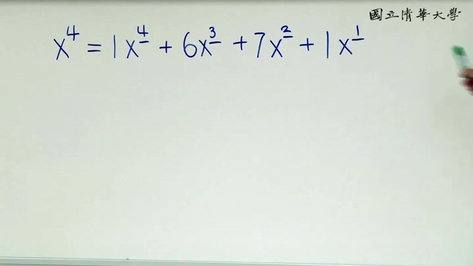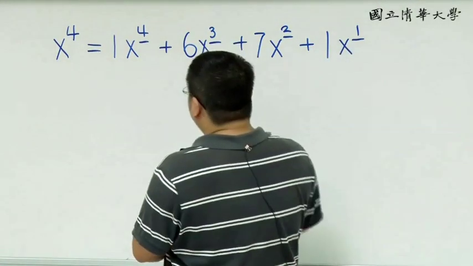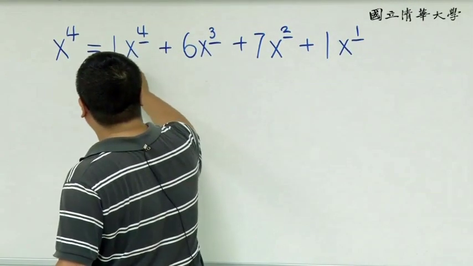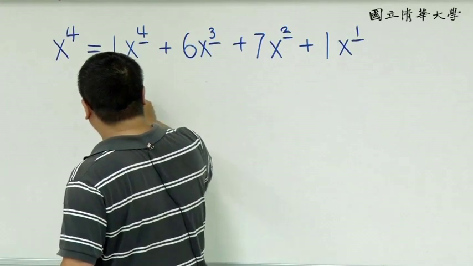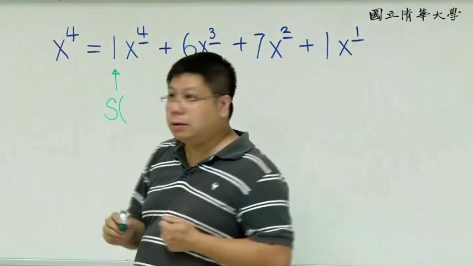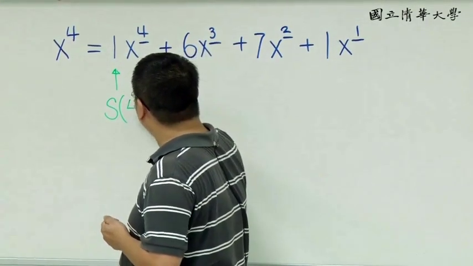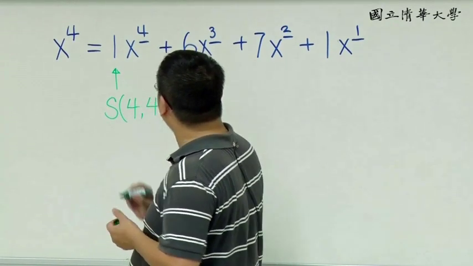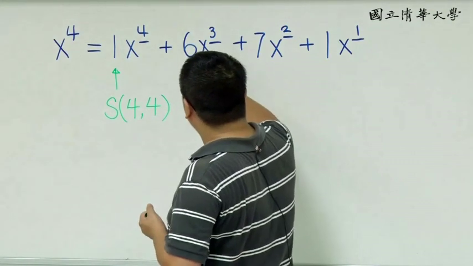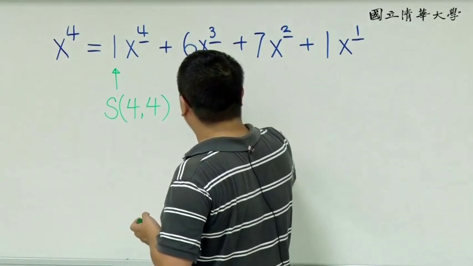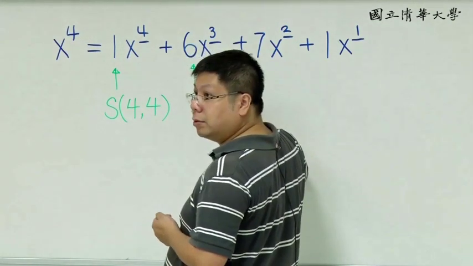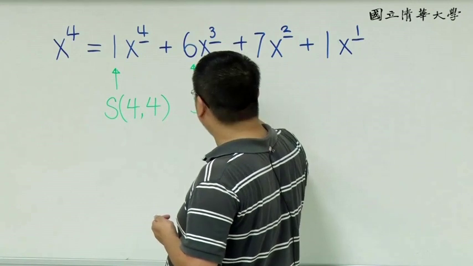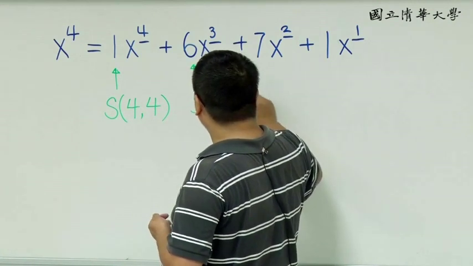All of these are Stirling numbers, recall. So what is it? This is S, R is equal to 4, and then N is equal to 4. Am I correct? And this one, this is S, R is equal to 4 and N is equal to 3.